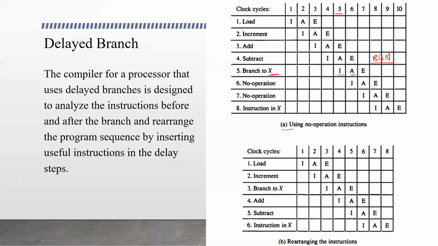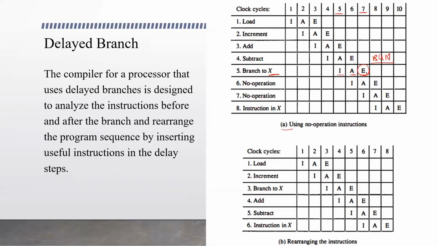In this case, it is identified that it is a branching instruction, and the compiler inserts a no operation. The execution of the branch instruction is during clock cycle 7, where the branch address is calculated in the execution phase.